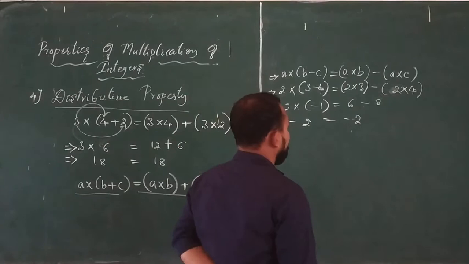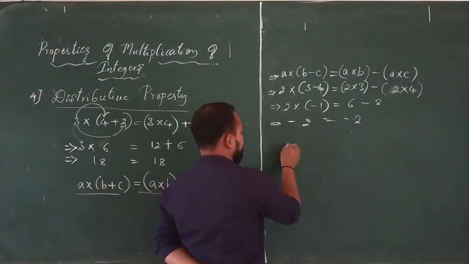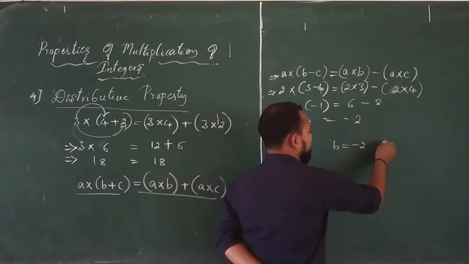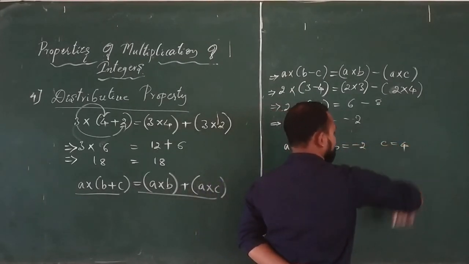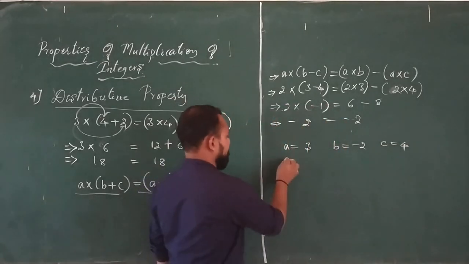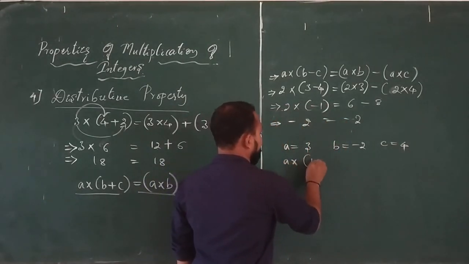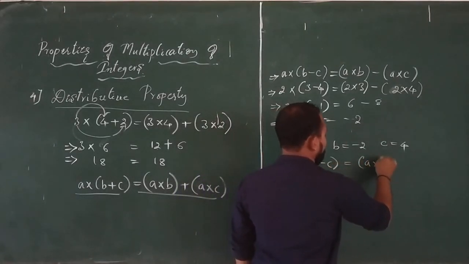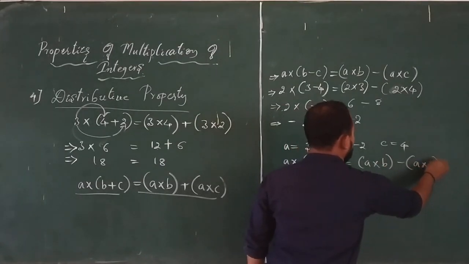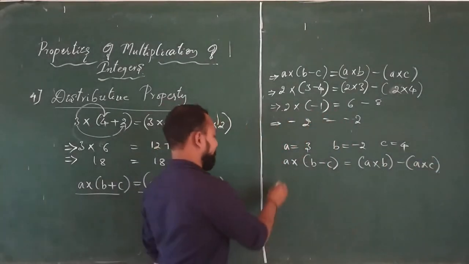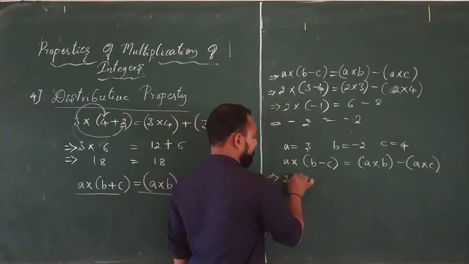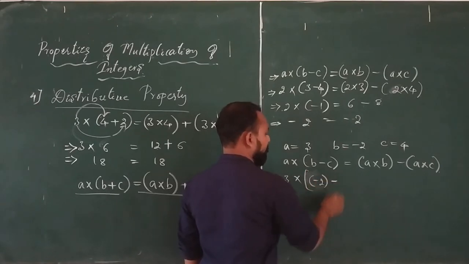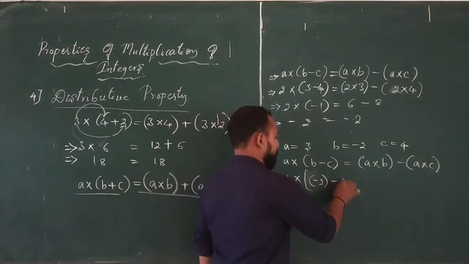Let us check it once again with another example. Take a is 3, b is minus 2, and c is 4. Substitute the values into a into b minus c and a into b minus a into c. Here a is 3, b is minus 2, and c is 4.